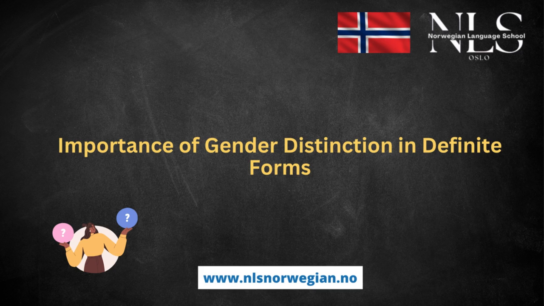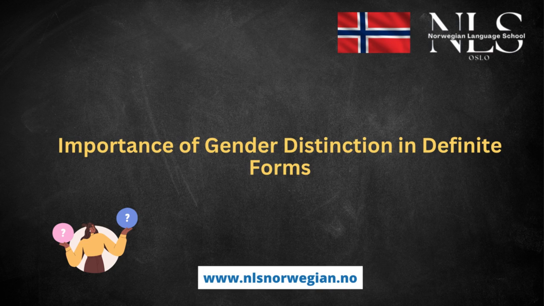For instance, if one were to mistakenly use the feminine definite form for a masculine noun, for example, stola instead of stolen for the chair, it definitely would lead to confusion and indicate a lack of Norwegian language proficiency. If you, however, pronounce feminine nouns with a masculine en suffix, this is fine. Therefore, understanding and correctly applying these gender distinctions in definite forms is fundamental to learning and using Norwegian effectively.